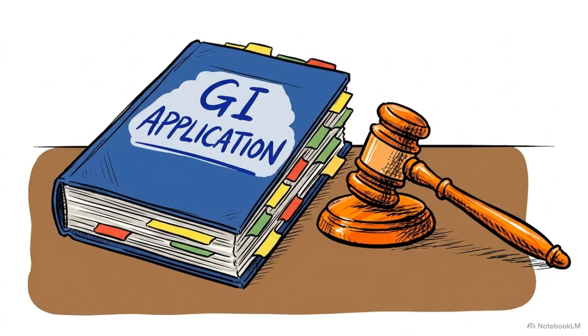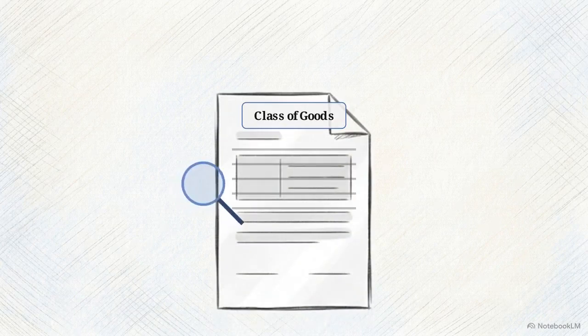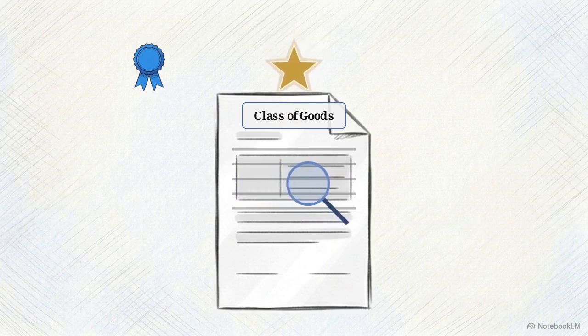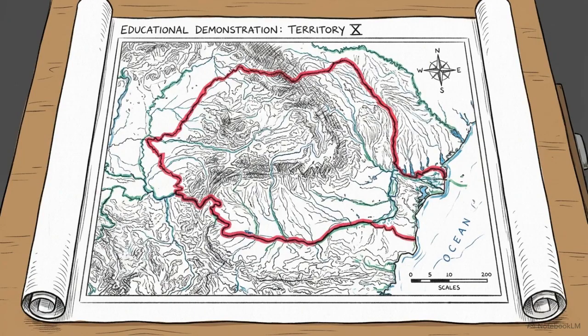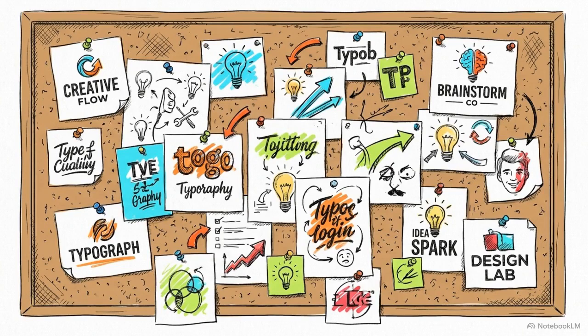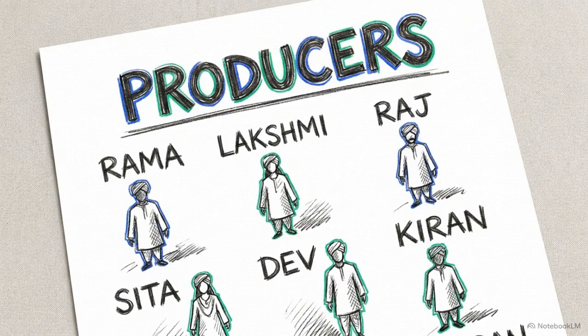Section 11, subsection 2 lists the filing requirements, including the class of goods, and a detailed statement on how the GI designates quality, reputation, or other characteristics originating from the geographical environment. The application must also include a geographical map of the territory, particulars of the GI's appearance, whether words, figurative elements, or both, and details regarding the producers proposed for initial registration.